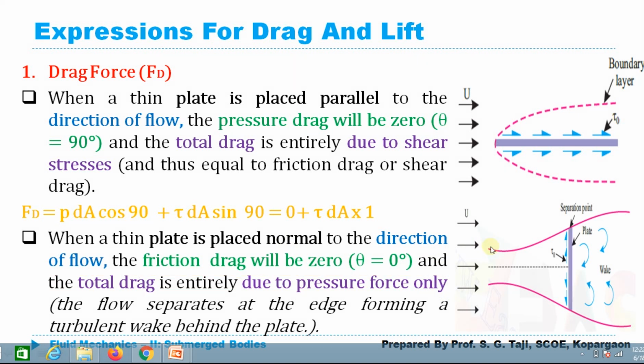So you can see how your position is going to affect the magnitude of drag by looking at those two examples. The plate is held parallel to the direction of flow and the plate is held normal to the direction of flow. In both cases your value of drag is going to change.